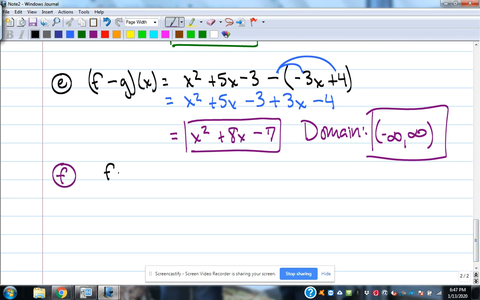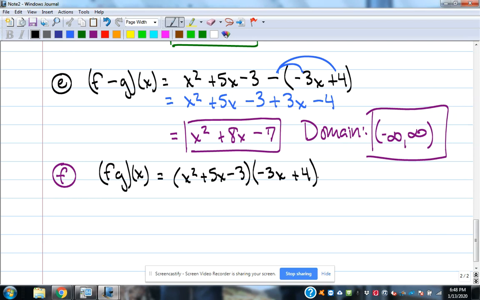Example F. Same two functions. We're going to multiply them together. Good old distributive properties, all this is. So I'm going to distribute x squared to both of those terms.